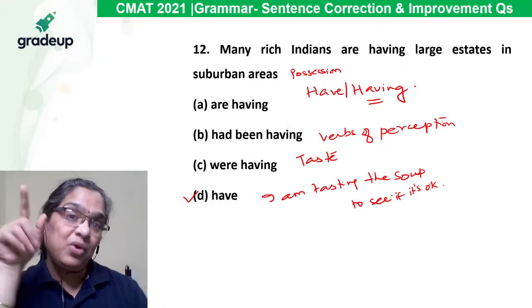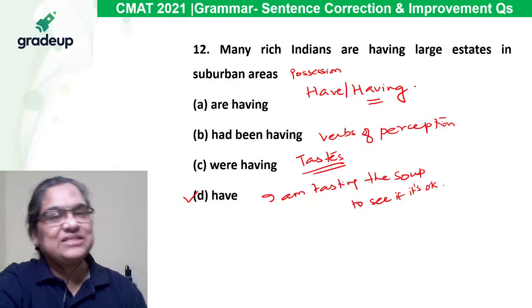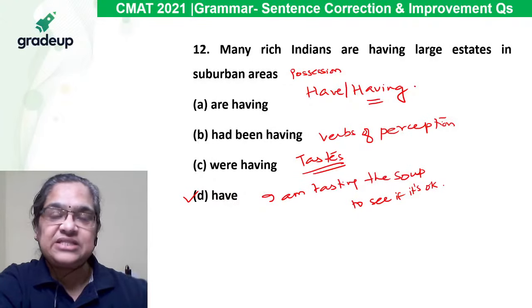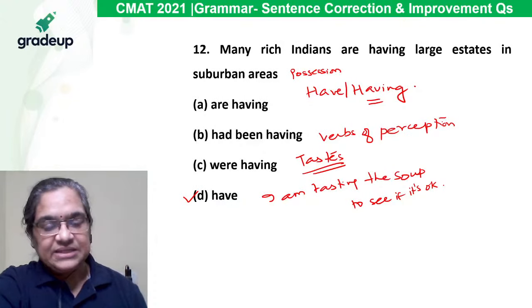If you are talking about the inherent taste of something, you have to say this tastes awful. You should not say this pizza is tasting burnt. This pizza tastes burnt.